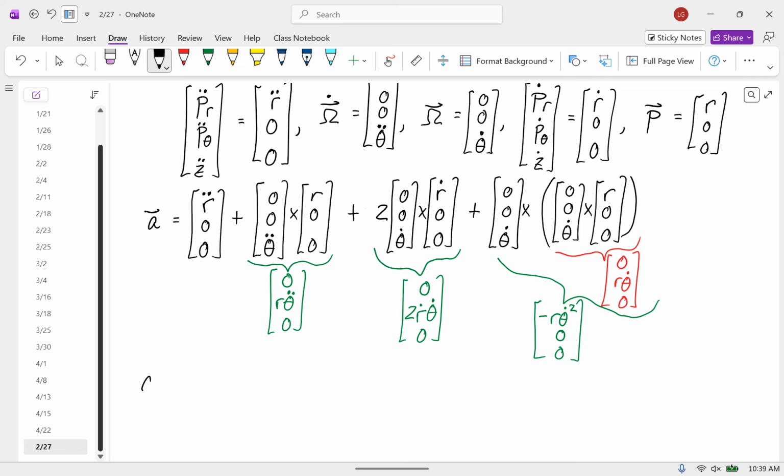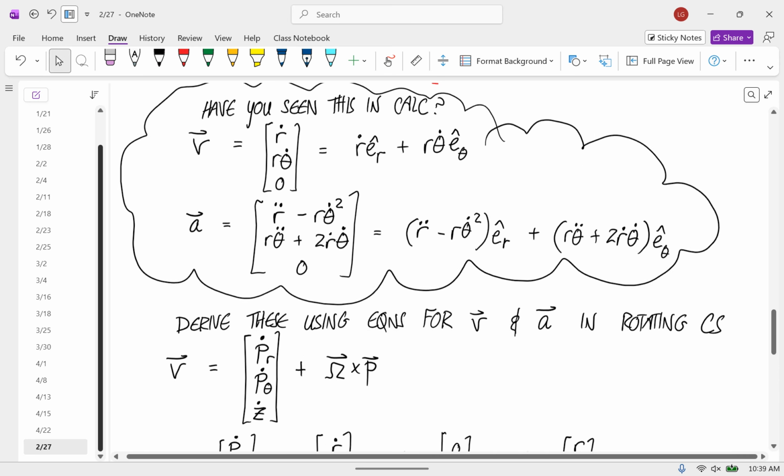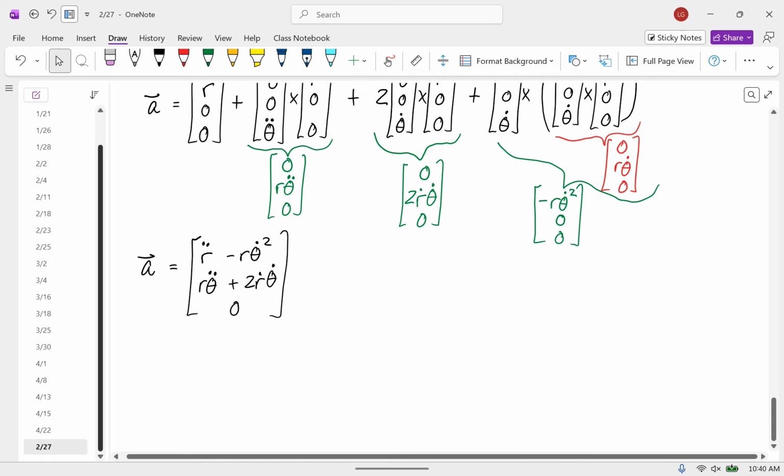And so putting this all together, we get an acceleration vector of: add up the two first components, the two r components, and you get r double dot minus r theta dot squared. Add up the two second components, and you get r theta double dot plus 2 r dot theta dot, 0. And I think that matches what I gave you.